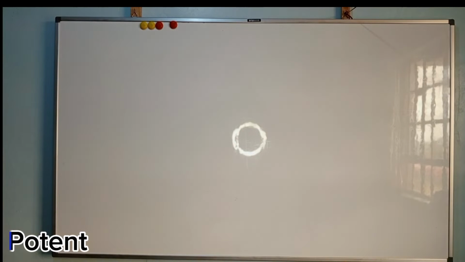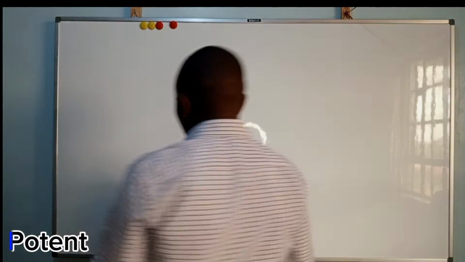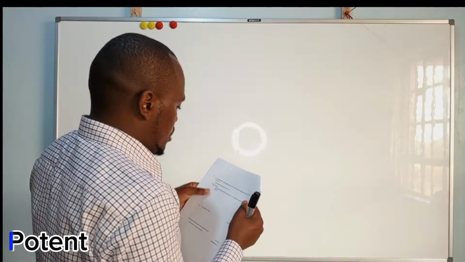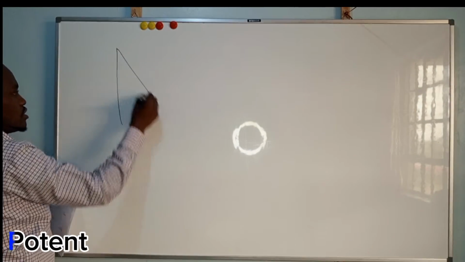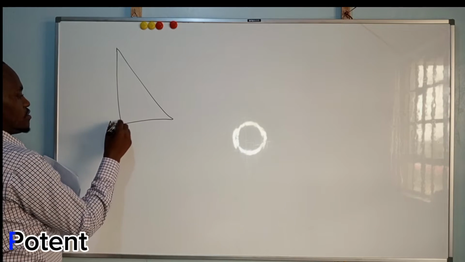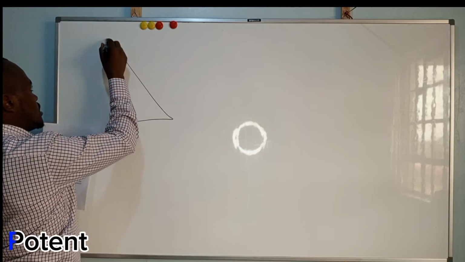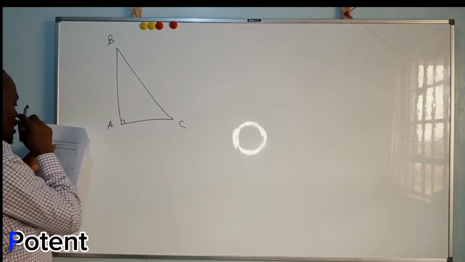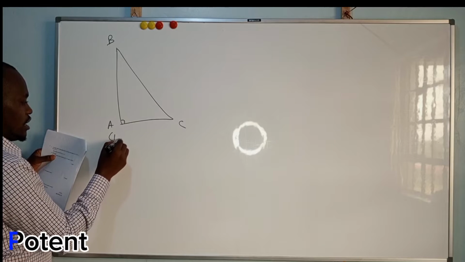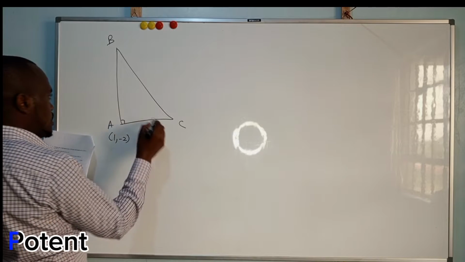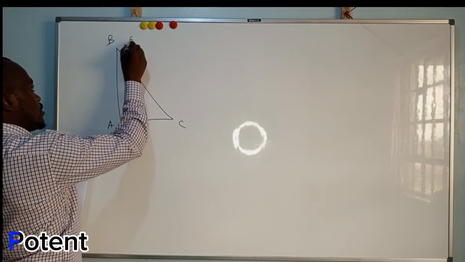So the first thing you needed to know is to draw a sketch of this question. So let me draw a sketch. We say it is right angled at point A, so you have this triangle, which is right angled at point A, and say this is B and this is C. The vertices: A is (1, -2) and B is (5, 4).